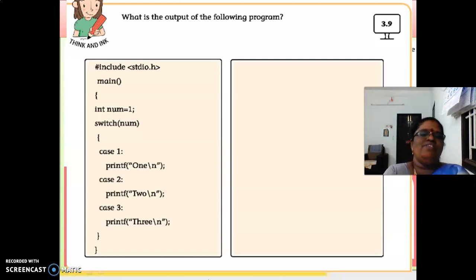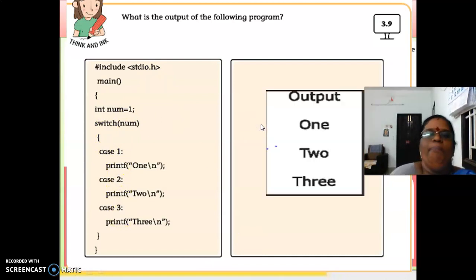In the switch case, if you are giving number 1, only printf 1 will be given, right? Yes. But it is not true, because there is no break statement there. So it will enter into all the cases. After entering case 1, it will go through all and print 1, 2, 3, because there is no break to come out of the switch case statement.